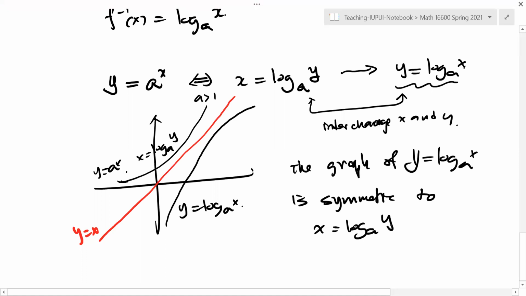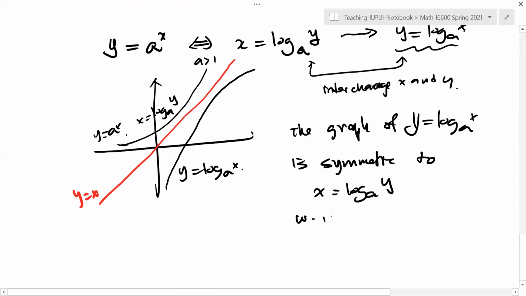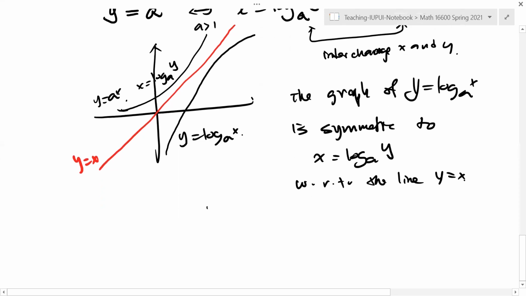Those two equations are just interchangeable with respect to the line y equals x. Right, that's what we learned before.